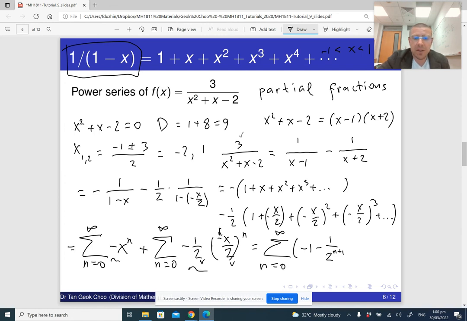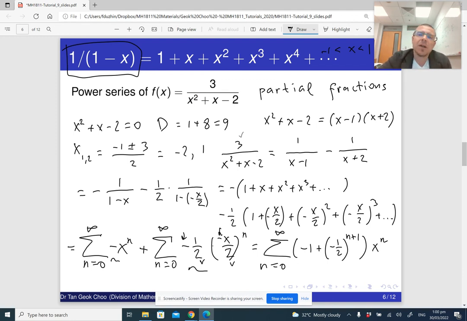And there is a minus sign here, so it is raised to the power n, and there is one more negative sign here, so this is minus 1 raised to the power n plus 1. So I can just replace this with a plus sign, minus 1 half raised to the power n plus 1 times x to the n. Okay, and that's going to be the answer.